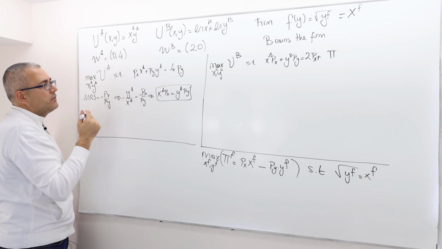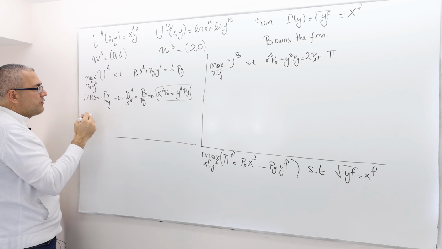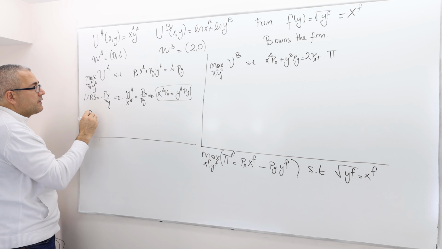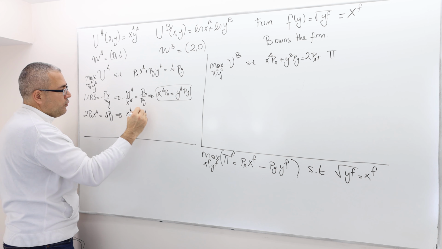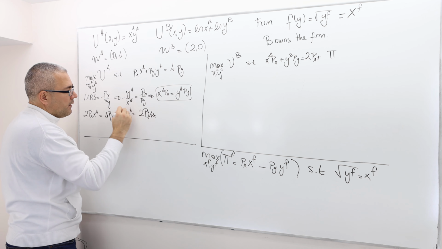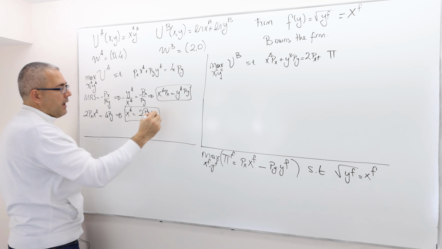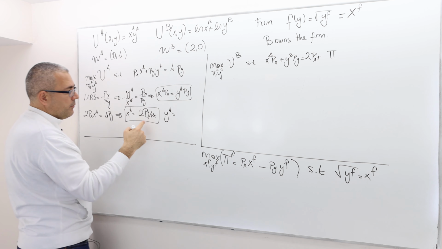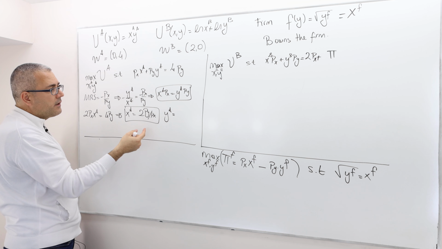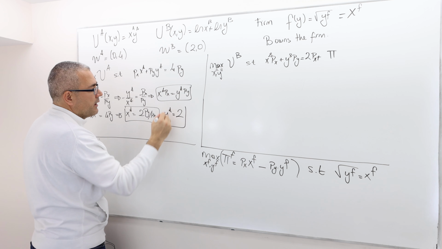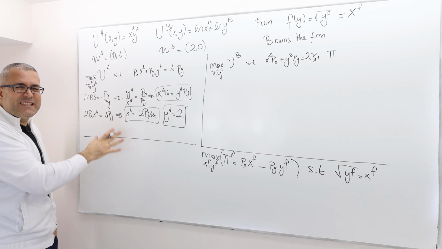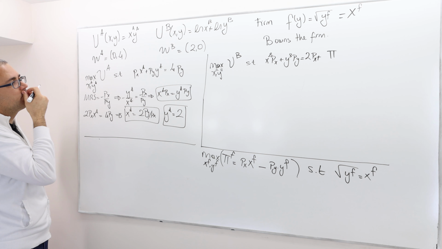And plug this back into the budget constraint. We're going to have 2PX XA equals 4PY. So therefore, XA is going to be 2PY over PX. So this is his optimal demand. And then YA, just plug it back here. You're going to multiply this by PY, and then you're going to get 2. All right. So it's exactly the same as before.